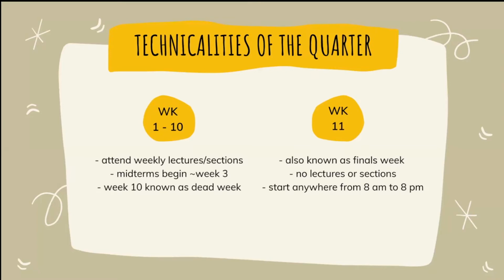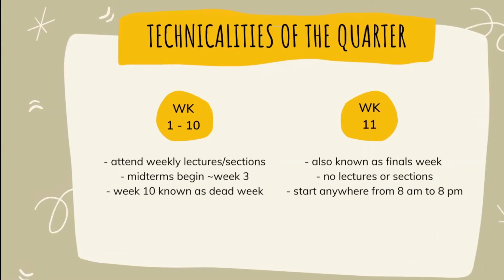And so as far as the technicalities of the quarter goes, there's 10 weeks, and then there's a finals week. So during the first 10 weeks, you attend weekly lectures and sections. That may look sort of different now that we're online. There's 2 options to this that professors tend to choose.